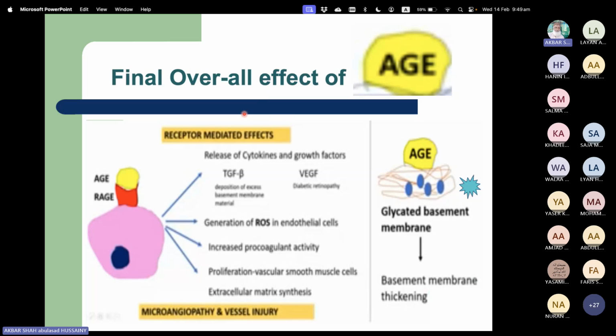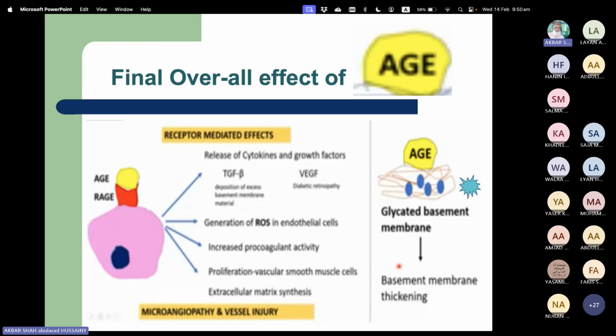The final product is that there is receptor mediated damage, and there's non-receptor mediated damage. And these blue are the substances. These are the albumin molecules. These 4 blue oval structures: when this basement membrane is glycated, it attracts and attaches to these albumin molecules. So now the basement membrane will be thickened.